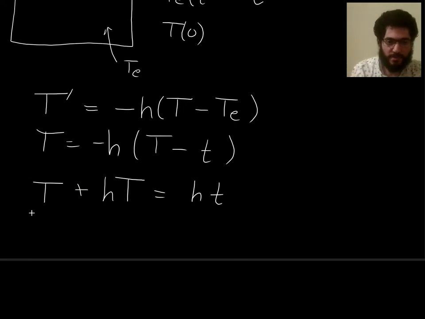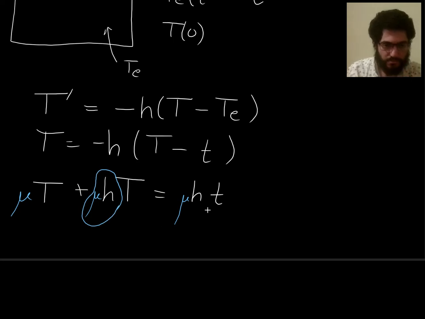So we need to use the method of integrating factors here. And so we need an integrating factor, a mu. And what does mu have to do? Mu has to make it so that this thing is the same as the derivative of mu. So we want this to equal mu prime, or d mu/dt.